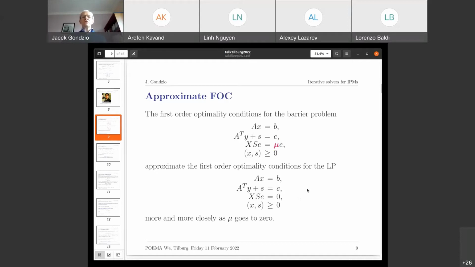And by the way, this is the miraculous trick which allows us to avoid the combinatorial difficulty related to active set methods. Combinatorial difficulty here translates into the need of choosing which variables are basic, which are non-basic. In other words, how are we going to satisfy x times s being equal to 0 for every component?